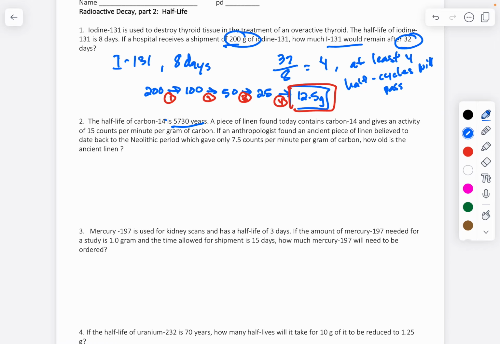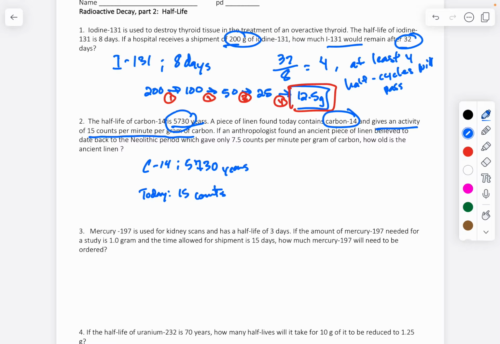The half-life of carbon-14, C14, is 5,730 years. A piece of linen found today contains carbon-14 and gives an activity of 15 counts per gram of carbon.